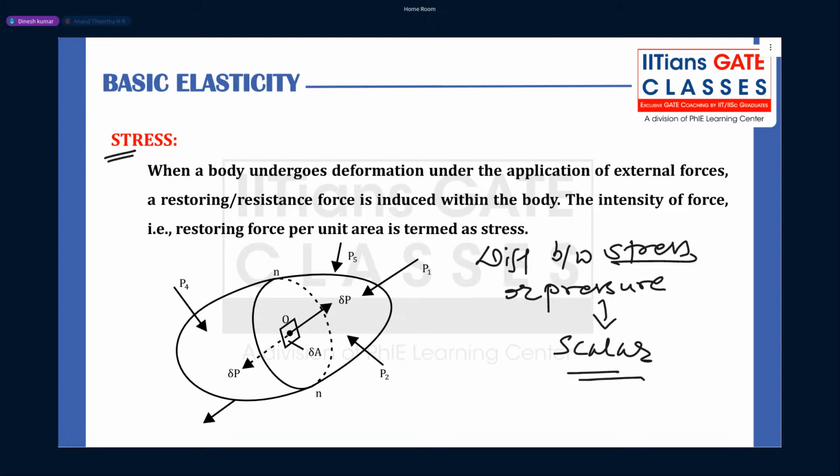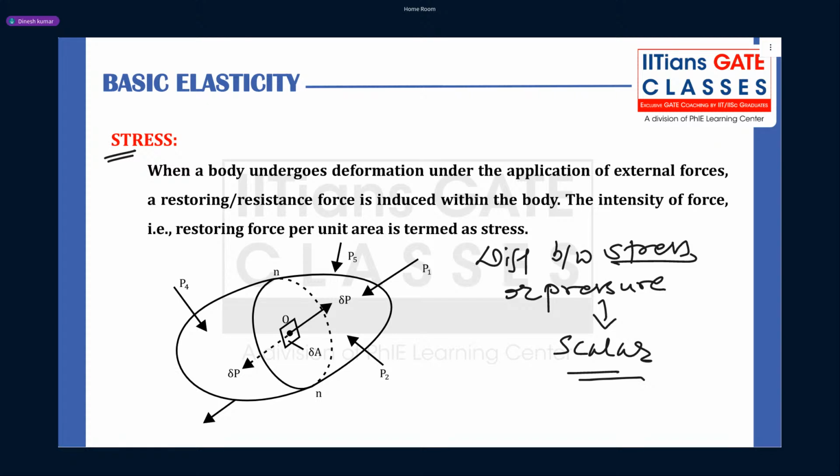Okay. Now guys, pressure, we all know how pressure acts, right? But stress is an internal resistance provided by the strength of the body against the applied load. So you can see the definition is written. It's a resistance force induced within the body by the strength of the body against applied load.